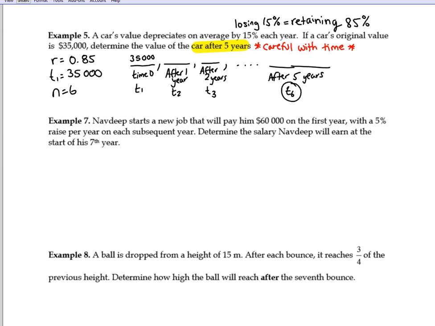Really think that through. So now we can find term 6 with our formula. So why don't you solve for term 6 now? Those are great multiple choice questions because often students would put in n as 5 or the wrong r value.